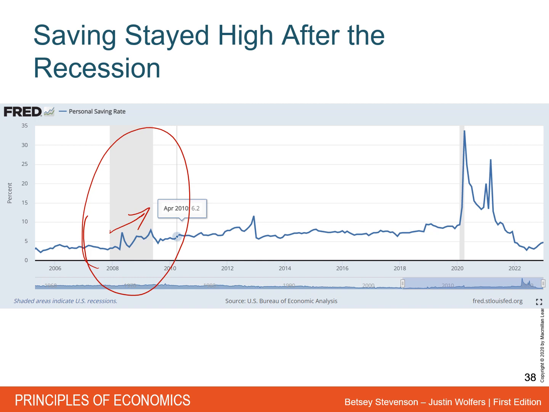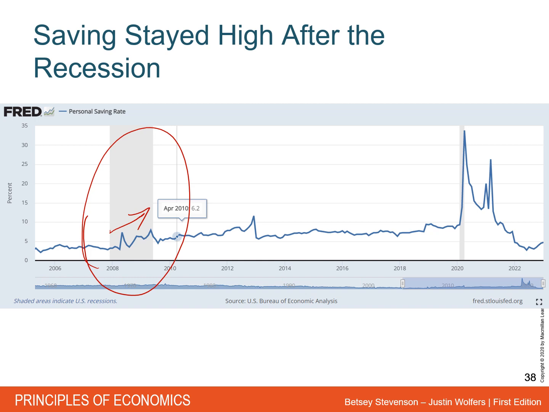When the economy was very, very bad, people were getting worried about the future. So my job is not secure anymore, I want to save some money on the side, right? So in a bad economy, in 2008, our saving actually went up, but that actually goes against our common belief.